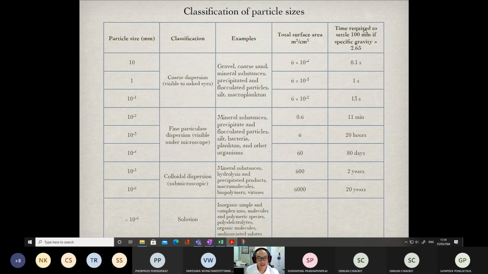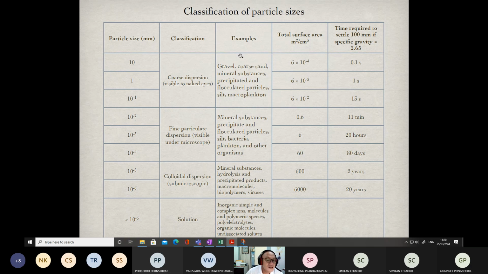When we talk about pathogens, bacterial cells, phytoplankton, or some small organisms, their sizes are very small. It's even smaller than the gravels, sand particles, and other types of mineral substances.